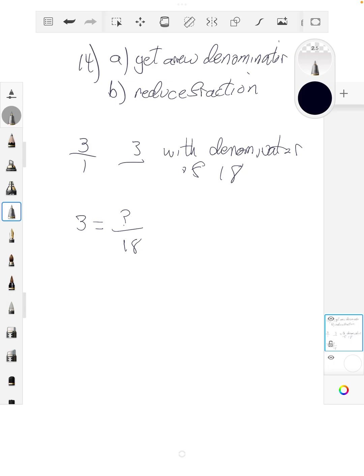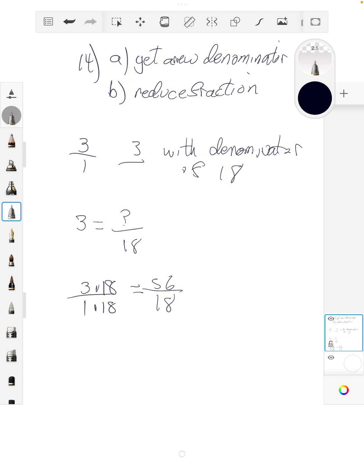I'm going to write 3 over 1. Does that have an 18? No. What would make this have an 18 is if I just put an 18 there. Now it's 1 times 18. But if I multiply the denominator by something, I have to multiply the numerator by that same thing, because 18 over 18 is just 1. Well, what's 3 times 18? 3 times 18 is 54. So 3 is equal to 54 18ths.